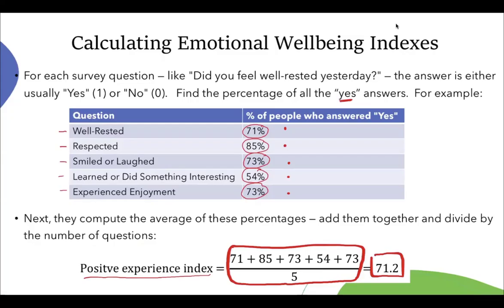The same is done for the negative experience index, but I'm focusing on the positive one right now. Each of these percentages is calculated separately, and we also have a visual for each of those through the years. So a person would be asked, did you feel well rested yesterday?